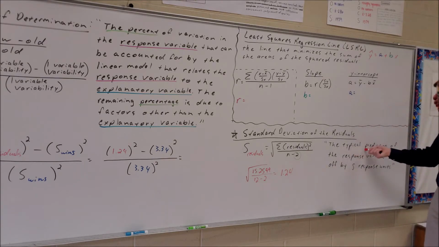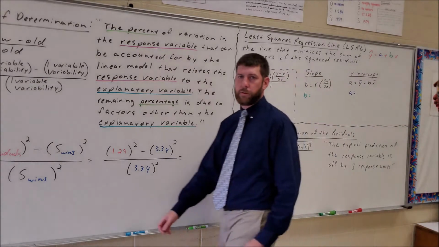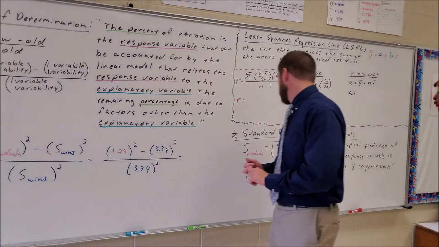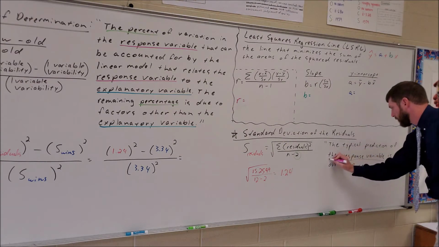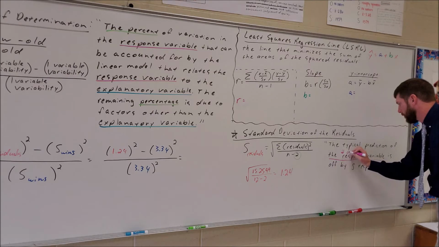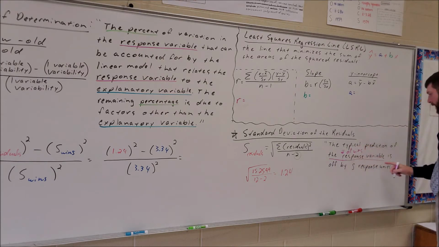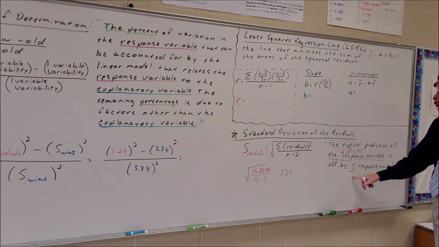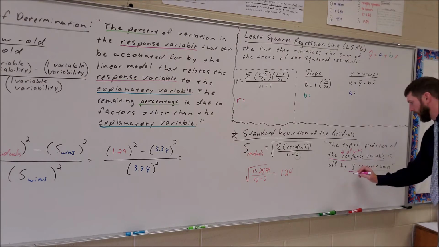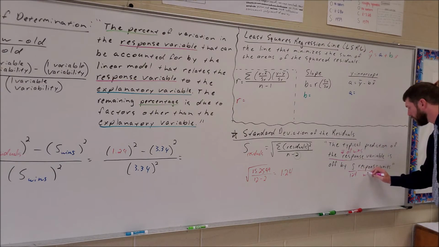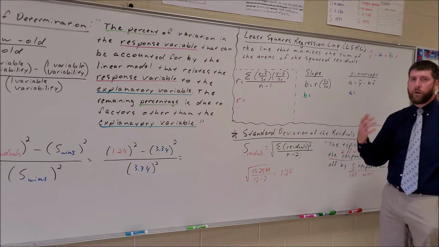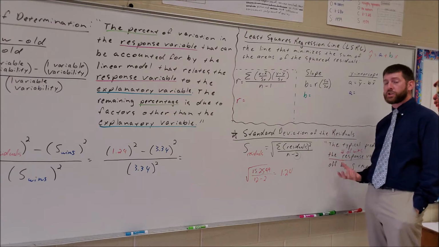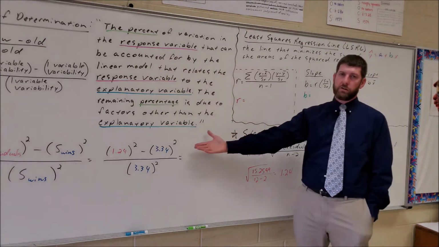So the typical prediction of the response variable, in this case the number of wins, is off by S response units, is off by 1.24 wins. So that's what standard deviation of residuals tells us: how accurate my guesses are when I use my prediction line, as opposed to standard deviation of wins.